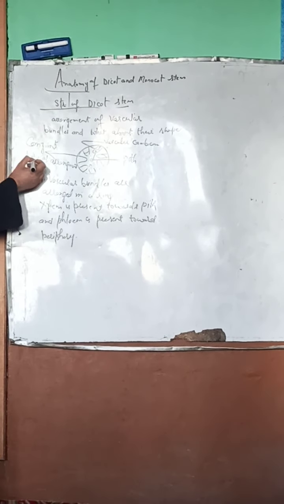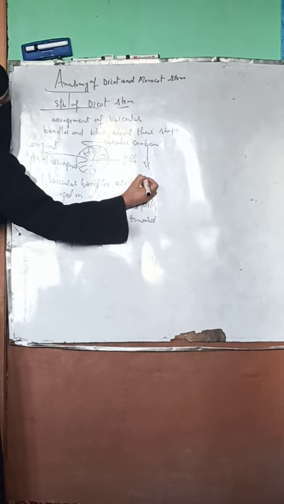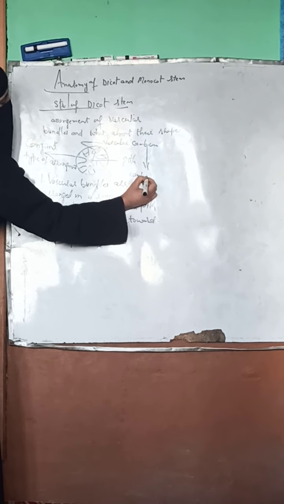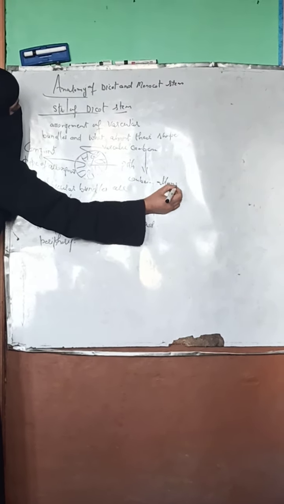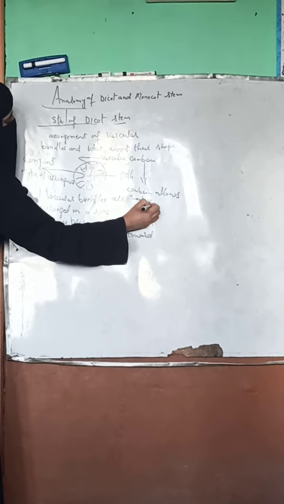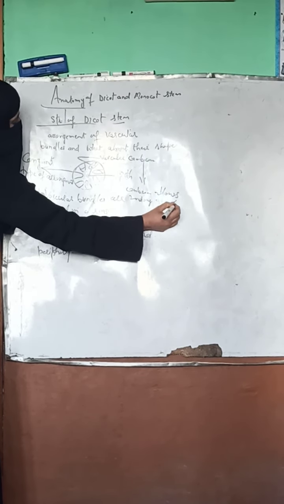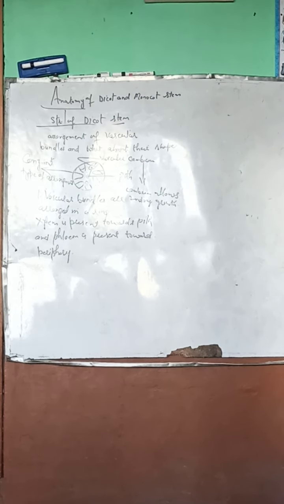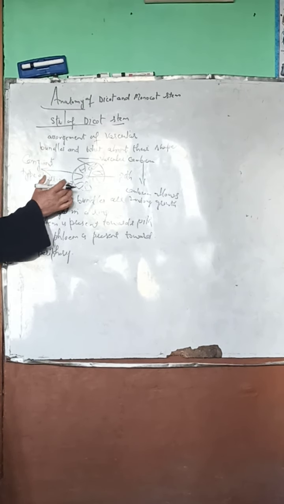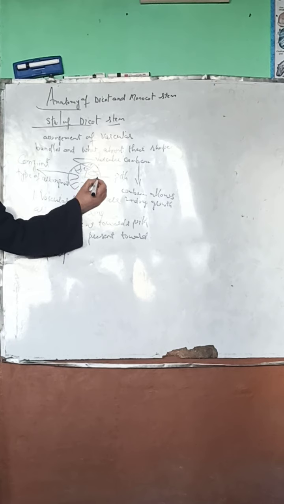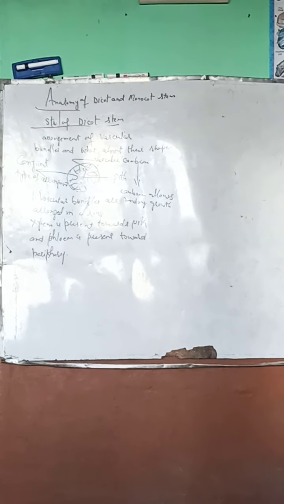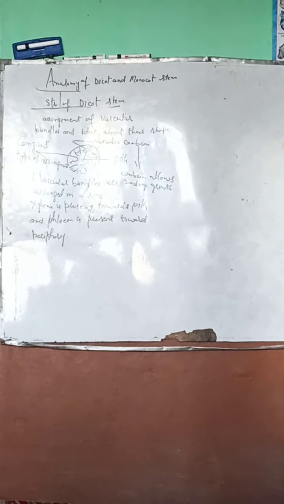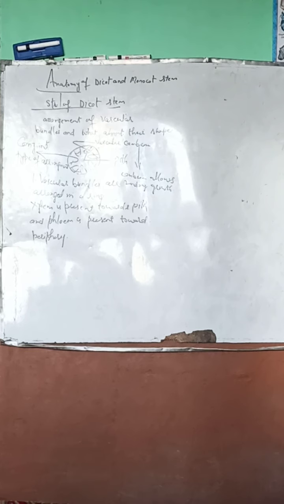This cambium allows secondary growth, and we know that these vascular bundles are arranged in a ring. Now what about shape and size of vascular bundles? We know that in case of dicot stem, shape and size of vascular bundles is same.